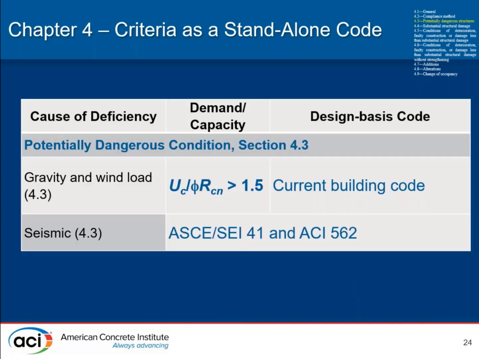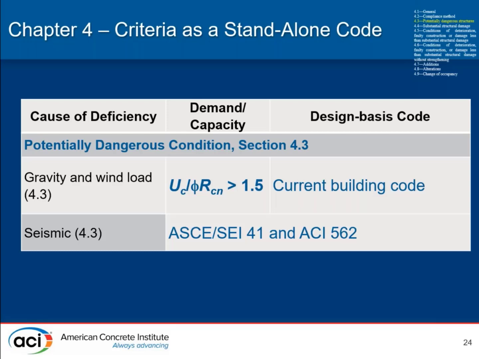So this table just summarizes the conditions where the design basis code is required when potentially dangerous conditions are met. Again, for gravity and wind loads, if the ratio of the factored demand to the factored resistance exceeds 1.5, you've got potentially dangerous conditions, and you're going to use the current building code as the design basis code.